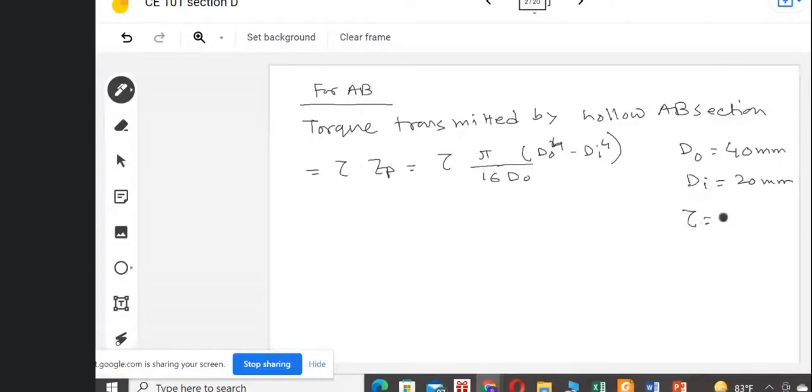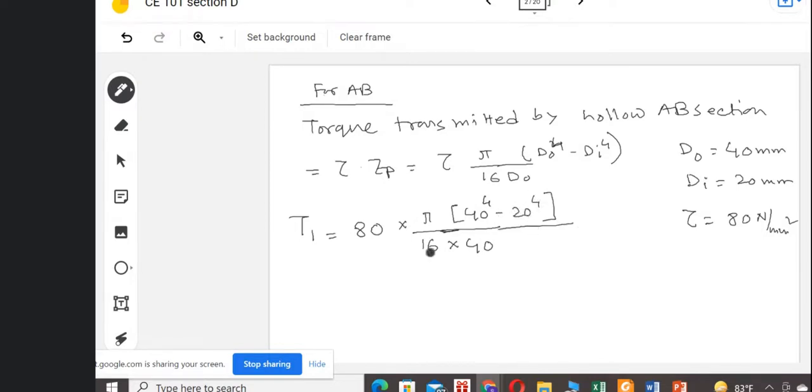Now tau is given as maximum 80 Newton per millimeter square. So this T1 is equal to 80 into pi by 16 into 40 to the power 4 minus 20 to the power 4, divided by 40.